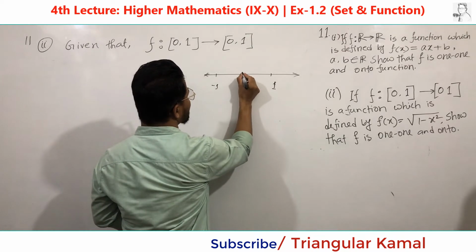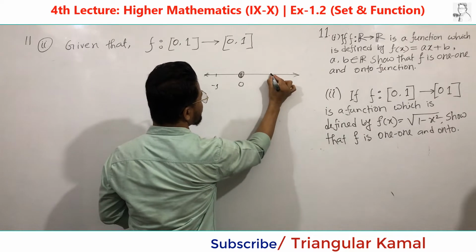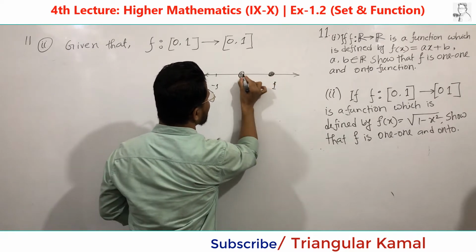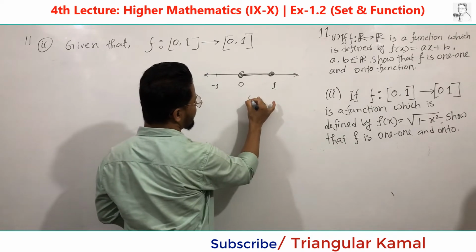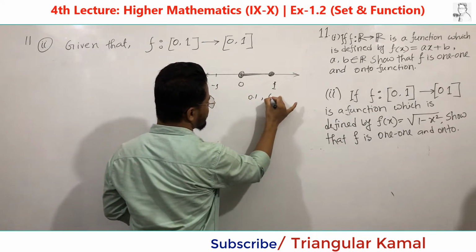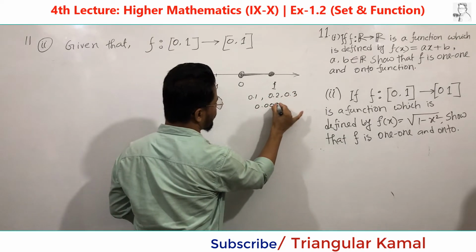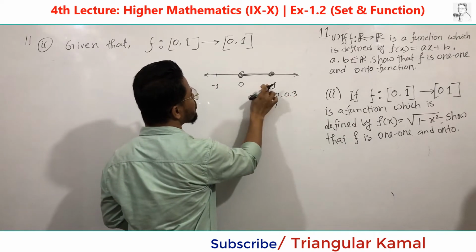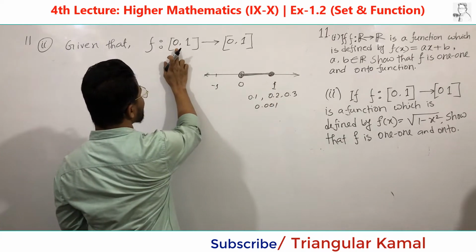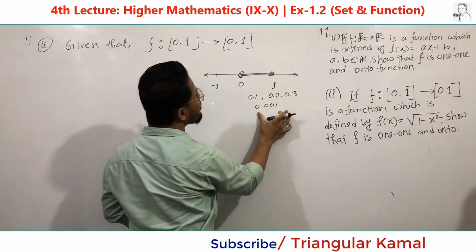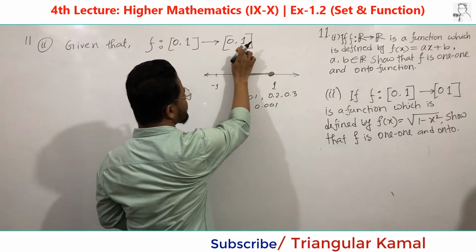So the function given here is 0 to 1. When we apply a value from 0 to 1, it may be 0.1, 0.2, 0.3 or 0.001, whatever, just inside 0 to 1, and this is the domain of the function. There are millions of numbers in between 0 to 1, and the codomain is also 0 to 1.